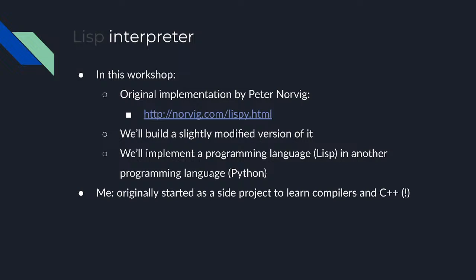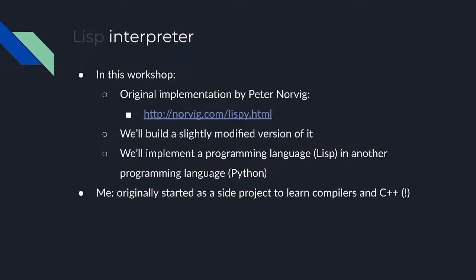What we're doing here is a slightly modified version of it. I want to emphasize that we will be implementing a programming language, which is Lisp, in another programming language, which is Python. If that is not mind-blowing to some extent, I hope by the end of the workshop you'll be a bit mind blown. It's mind blowing to me.